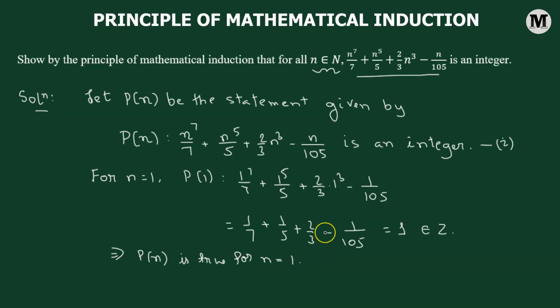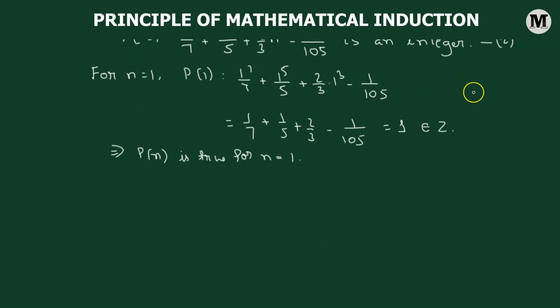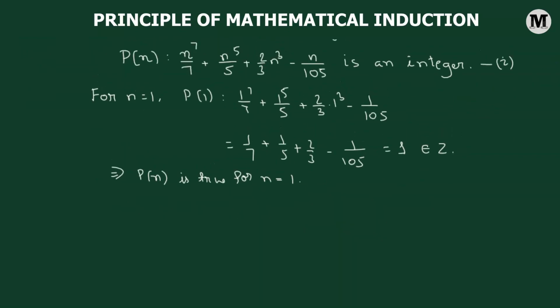Now we have to verify that it is true for the other natural numbers as well. So here we suppose that we consider another integer m such that P(m) is true.